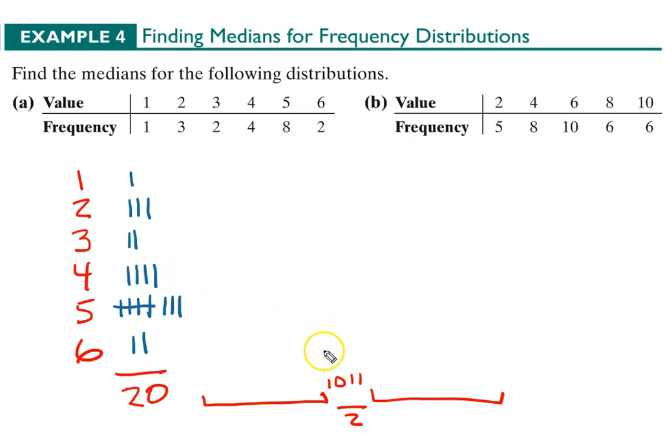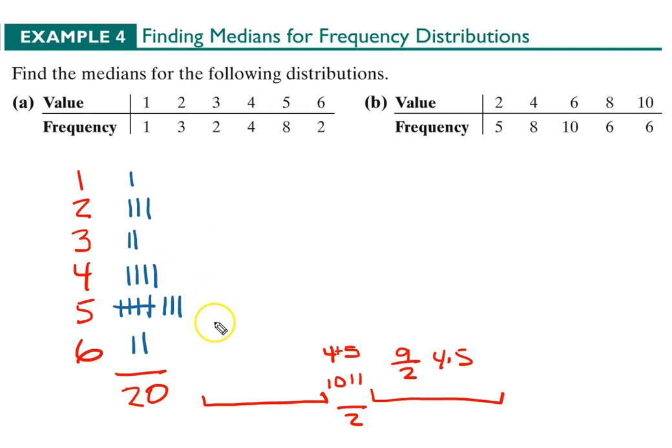So one of the values would be a 4 here, and then we go to a 5. So to get our median, we're going to add this up and get 4 plus 5 is 9. 9 divided by 2 is 4.5. So our median is 4.5.